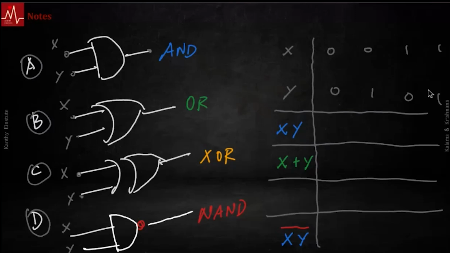For X and Y, when both of them are 1, there's a 1. Rest of the cases, there's 0. Fairly easy. So this is 1 in this case. One of the outputs is 0, this is 0. One output is 1, this is 1.